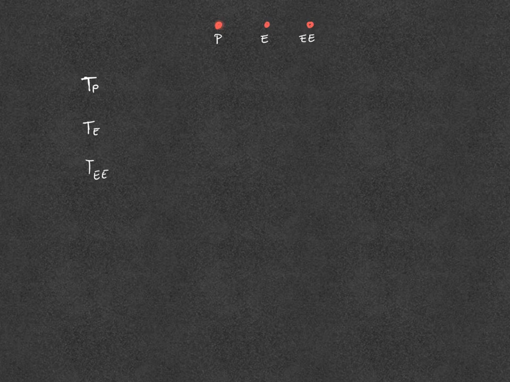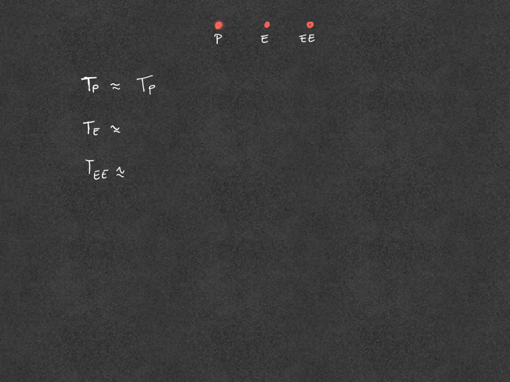So the first thing to say is that we will do a very, let's say, rough approximation of Tp given the information of TE and TEE. But we are standing at P, so this one is going to be trivial. Tp is equal to Tp.